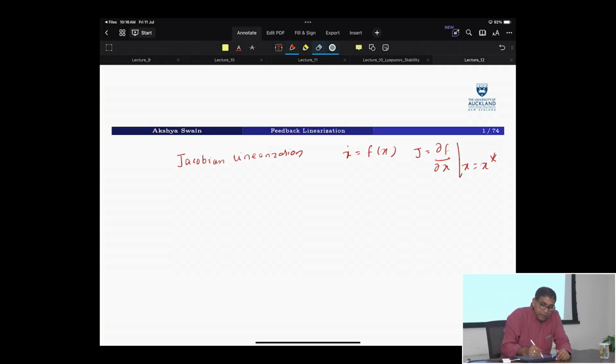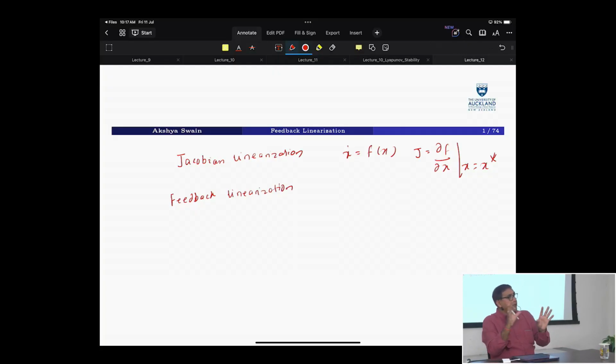There is another niche one, which is feedback linearization. It is completely different from the Jacobian linearization. What feedback linearization does is, if the system has got some nonlinear element, the controller will completely remove that nonlinearity, right?